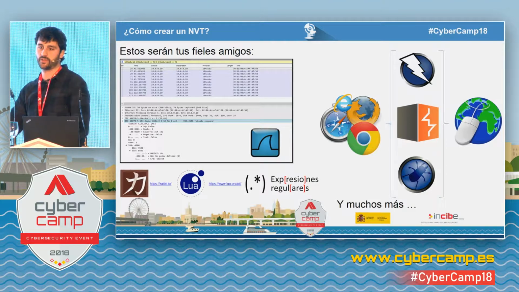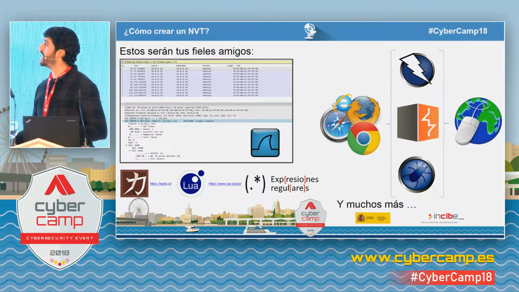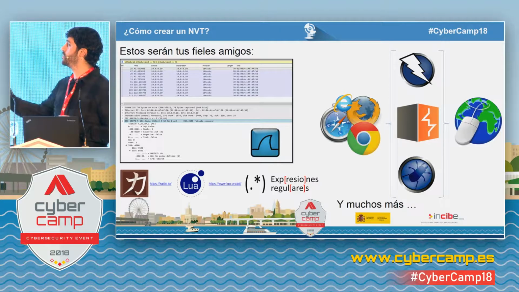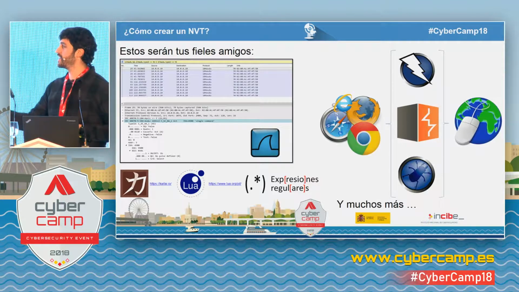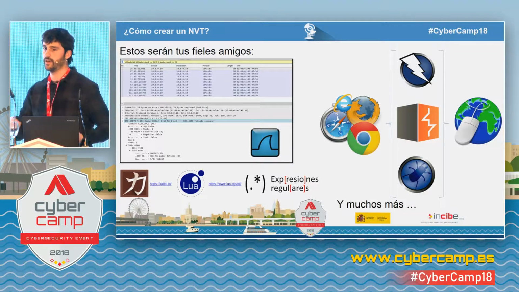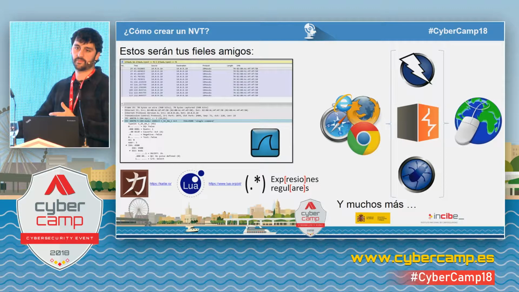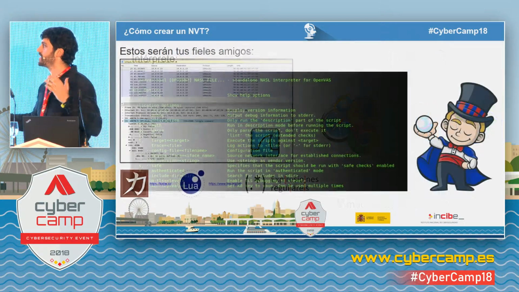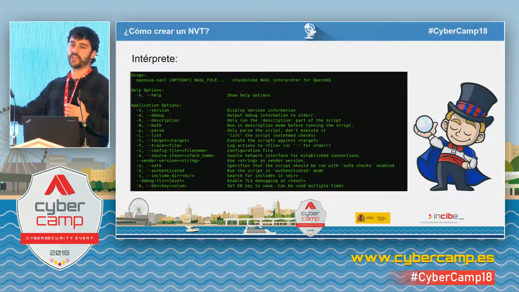So our friends were Wireshark, also the proxies, Pescara, TAP. And we also have dissectors like Kaitai or Lua running under Nmap, as well as regular expressions, and many others.